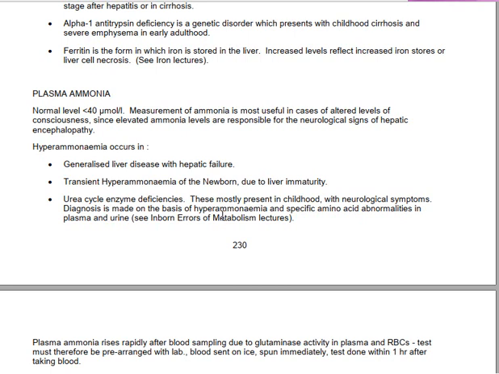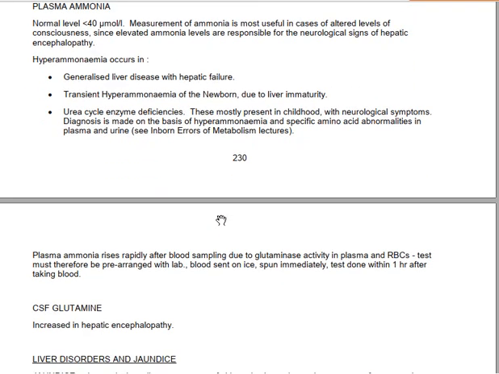Is it clear? And glutamine is a neurotransmitter that is going to increase the activity of the brain. That's why patients are going to have things like flapping tremors. Their brain is going to increase in activity, and that is hepatic encephalopathy with different stages.